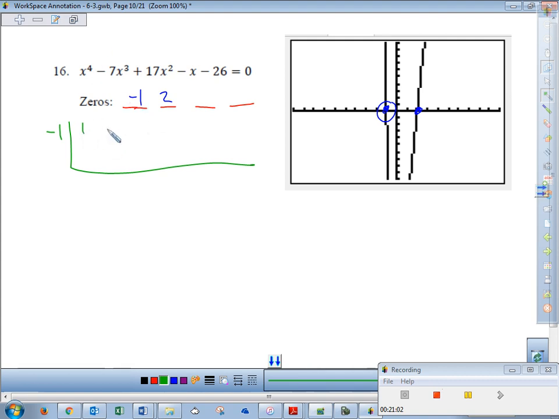1x to the 4th. There's some x cubes. There's some x squared. x. There should be 5 guys in there, which there are. One comes down.